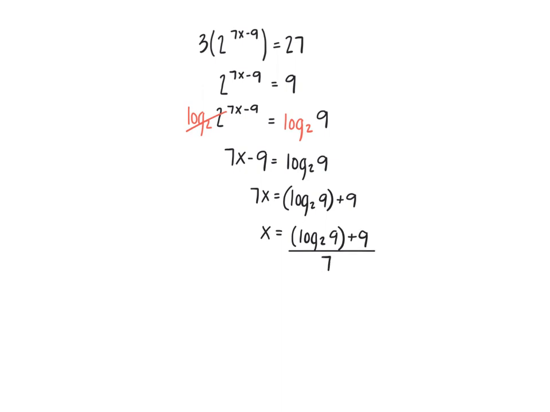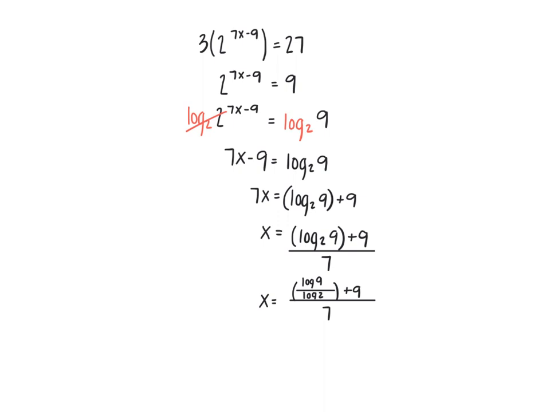And remember, I can't plug this into the calculator because my calculator only does log base 10. So I need to rearrange this using the change of base formula, giving me x is equal to log of 9 over log of 2, plus 9, all over 7.